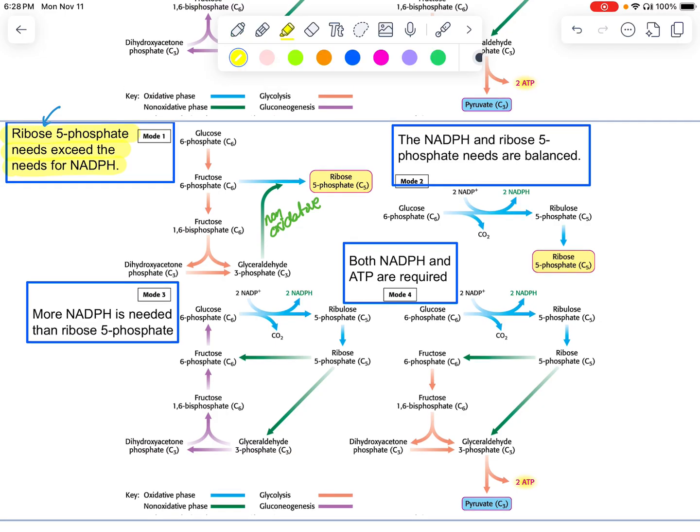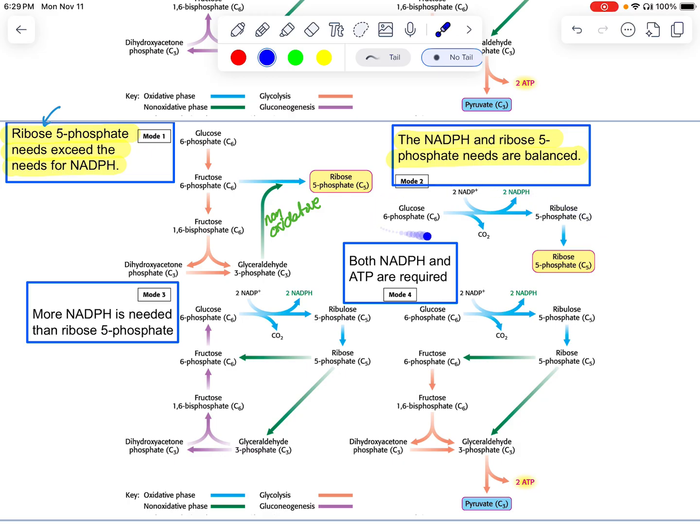But another option that you might have is mode 2 over here. So the NADPH and ribose 5-phosphate needs are balanced. We need both. And so what happens here, if you look at it, we've got our oxidative phase, which gives us our NADPH. It gets us to this ribulose, and then that isomerase takes us down to the ribose. So essentially we're going to stop after the oxidative phase.